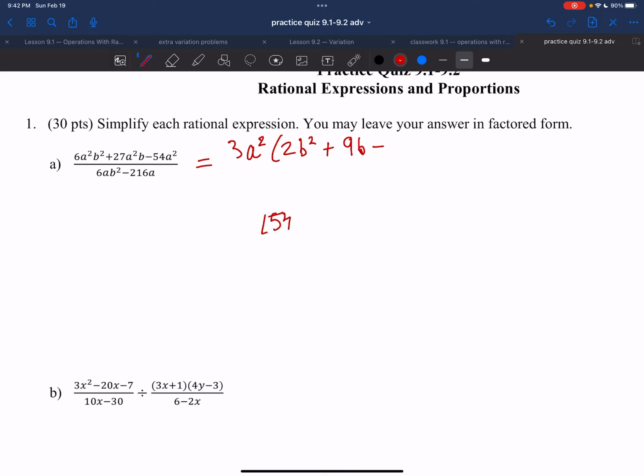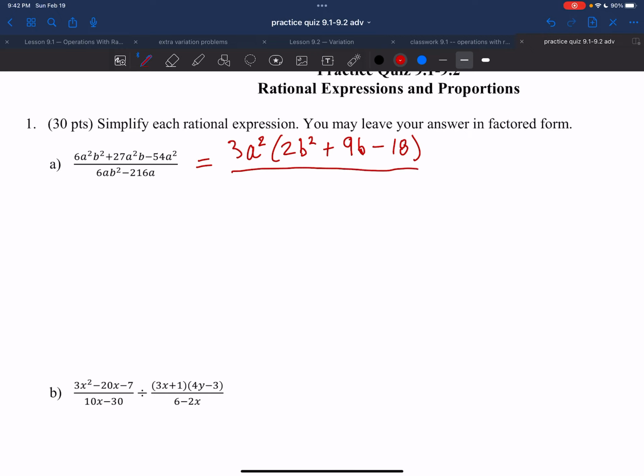If you need to do a quick division of 3 into 54, that's 18, so that's minus 18. Okay? And so that's step one for factoring the numerator.